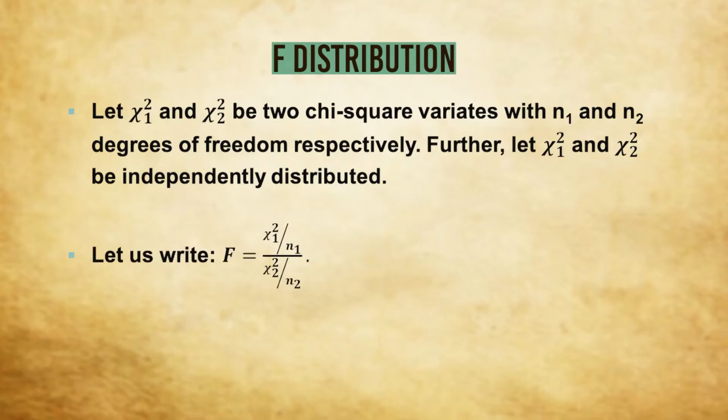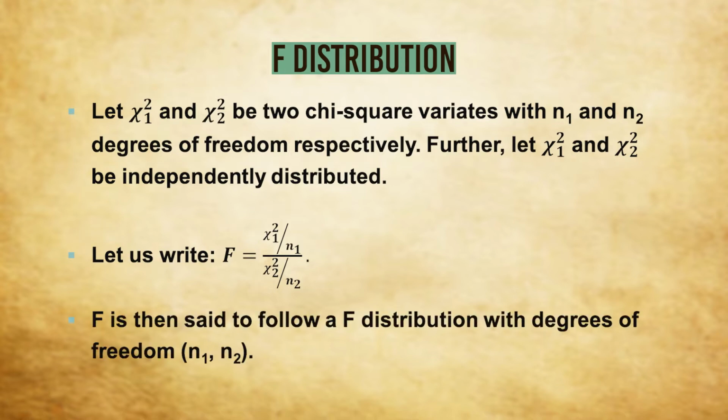Now we define something called F. It's a statistic, F statistic, which is equal to chi1 square by n1, the whole thing divided by chi2 square by n2. More specifically, chi1 square divided by its degrees of freedom, the whole thing divided by, in the denominator, chi2 square by its degrees of freedom. F is then said to follow an F distribution with degrees of freedom n1, n2.